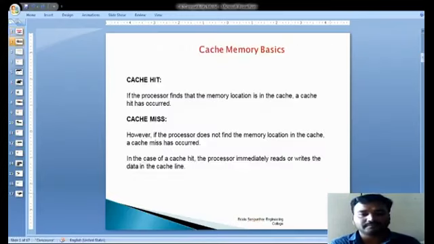We have already seen what is meant by cache memory in the previous concepts. Let us have a quick overview. Cache memory is the fastest memory that a computer will have.